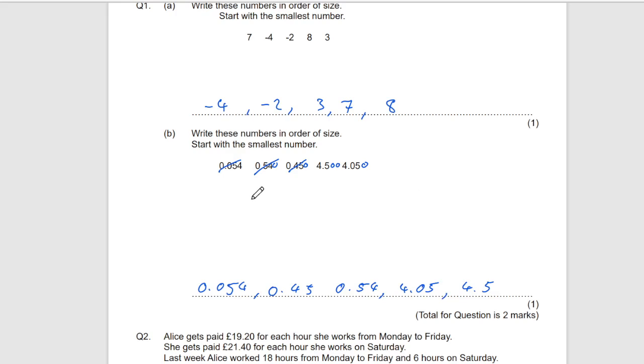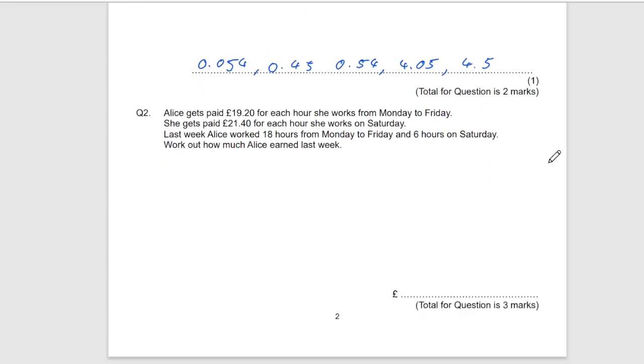Okay then, question 2. Alice gets £19.20 for each hour she works from Monday to Friday. She gets paid £21.40 for each hour she works on a Saturday. Alice worked last week 18 hours Monday to Friday and 6 hours on Saturday. How much did she earn?